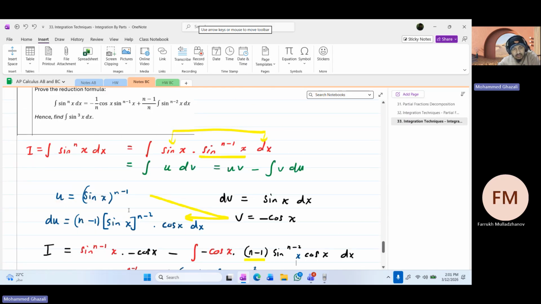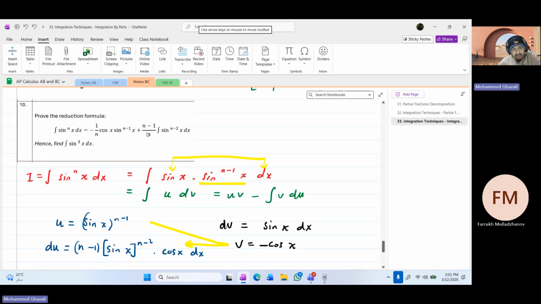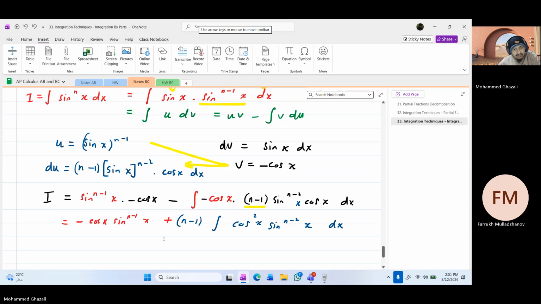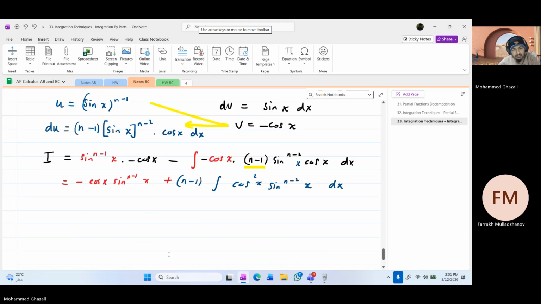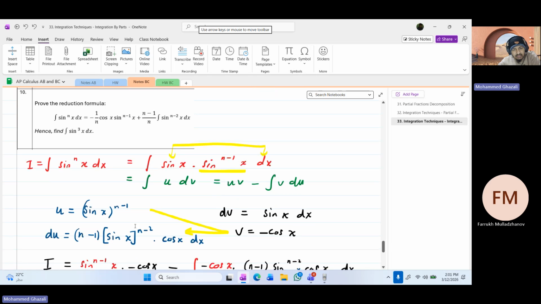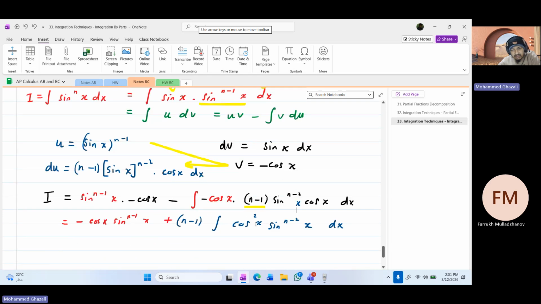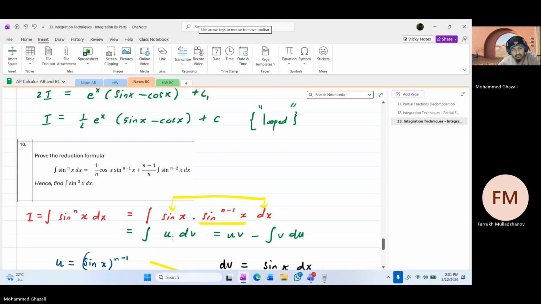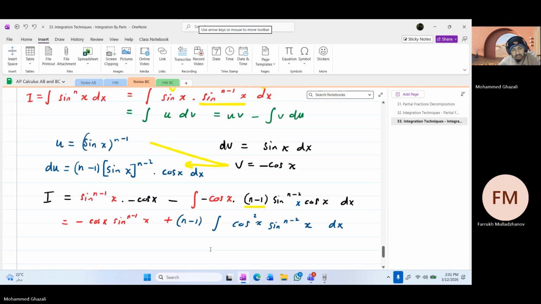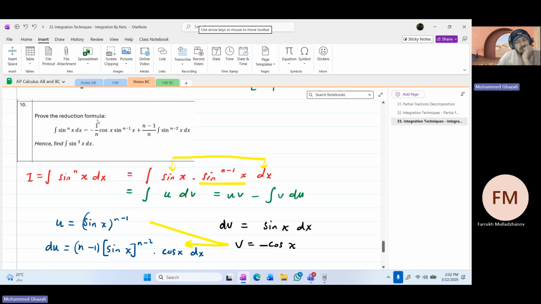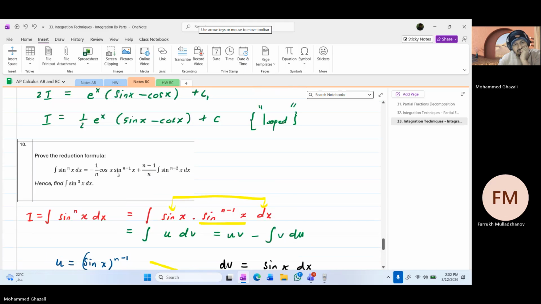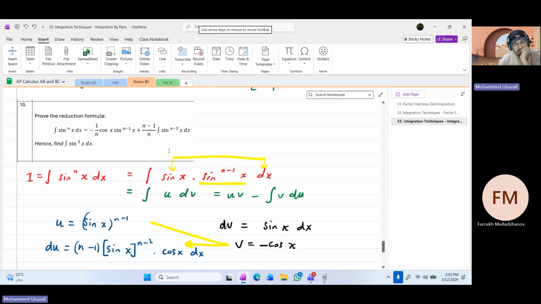I've got negative 1 over n cos x sine^(n-1), and n minus 1 over n sine^(n-2).